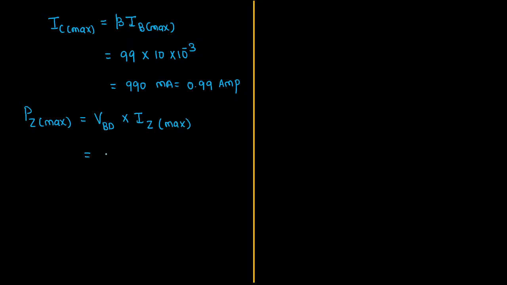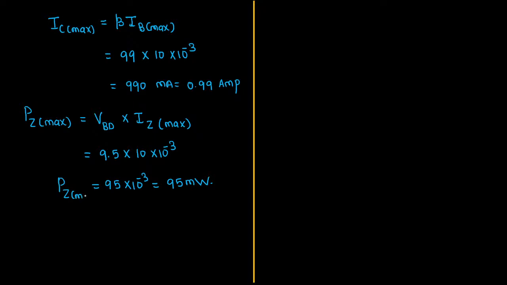The Zener breakdown voltage is 9.5, into the current flowing through this Zener diode. The maximum current is 10 milliampere, that is 10 power minus 3. So 9.5 into 10 will become 95, so 95 into 10 power minus 3, or 95 milliwatt. This is the maximum power consumed by the Zener diode.